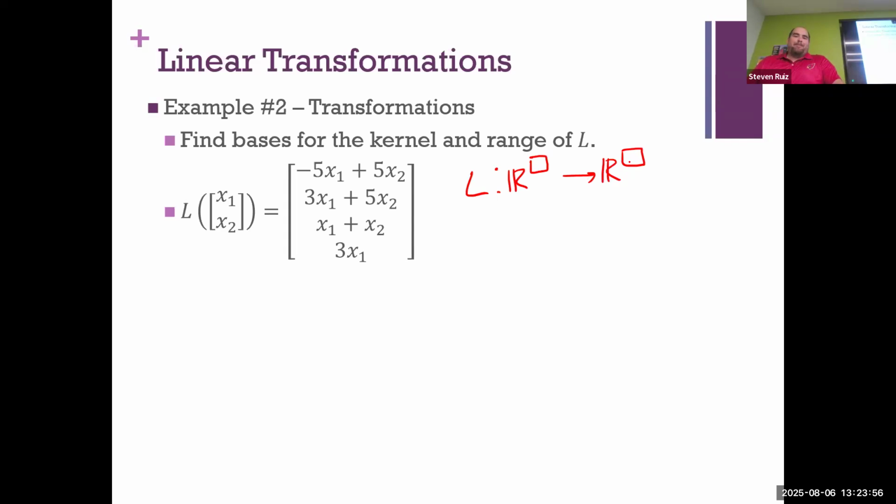What does it map to? So what numbers go in those boxes? 2 and 4. This transformation takes in a 2-dimensional vector and processes those 2 dimensions into a column that has 4 rows in it.